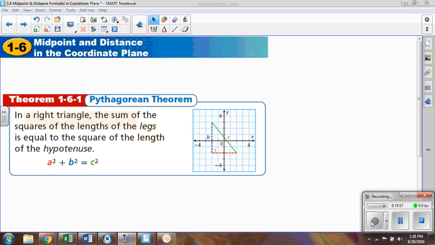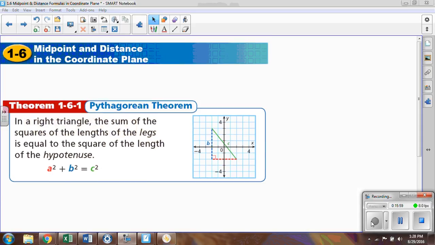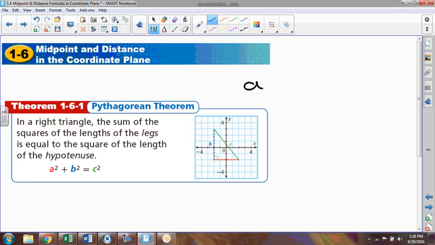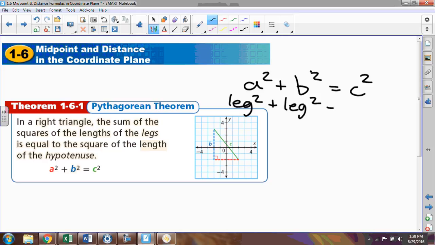And most students remember the Pythagorean theorem as a squared plus b squared equals c squared. I would like to caution you, do not memorize it in terms of a, b, and c, because you have to know what a, b, and c represent. The Pythagorean theorem applies only to right triangles, and it's better thought of as leg squared plus leg squared equals hypotenuse squared.